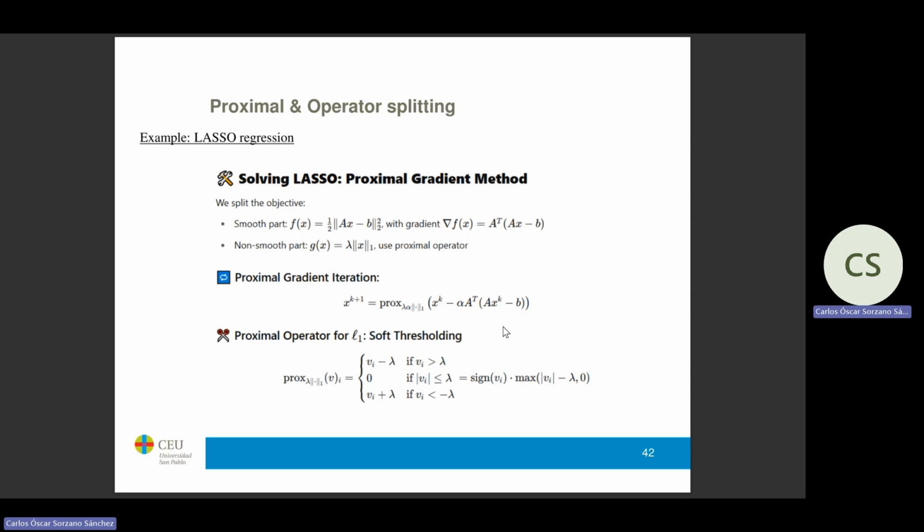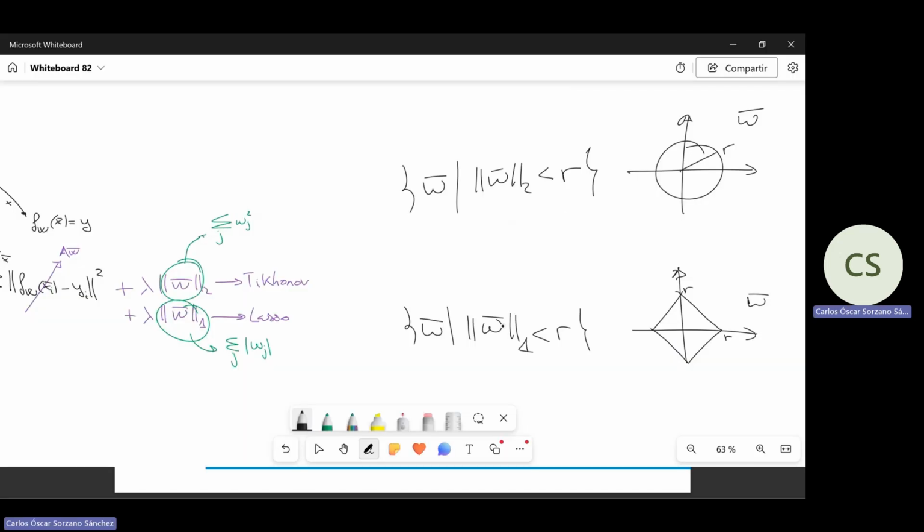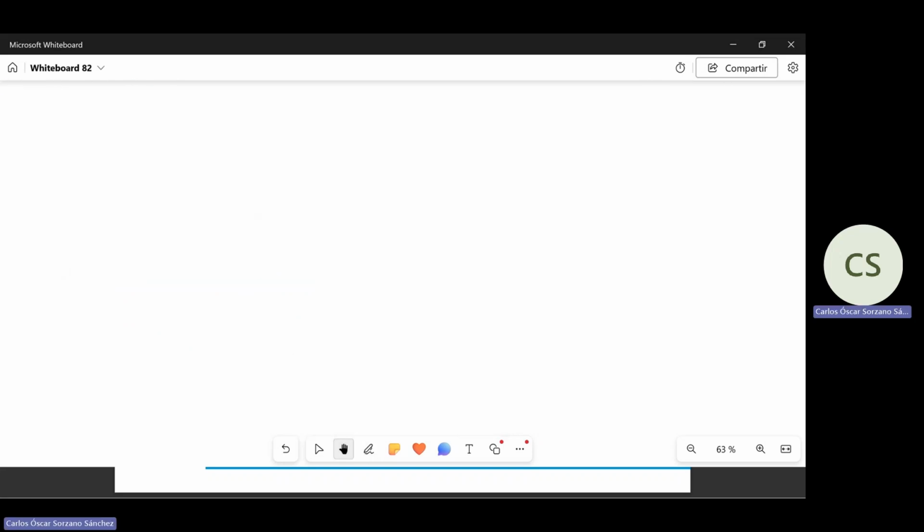In general, these kinds of methods we are seeing today apply to problems in which you have the minimum of f of x plus g of x. And this one is smooth, and this can be whatever. So this can be smooth or non-smooth. Smooth means differentiable.